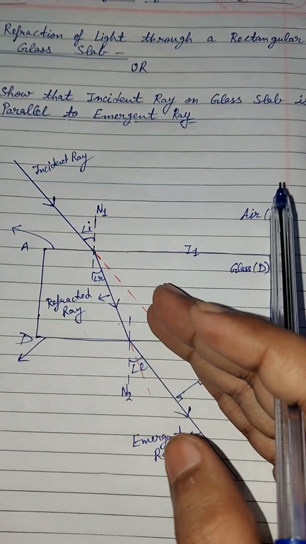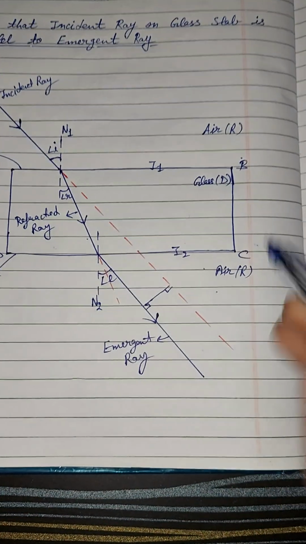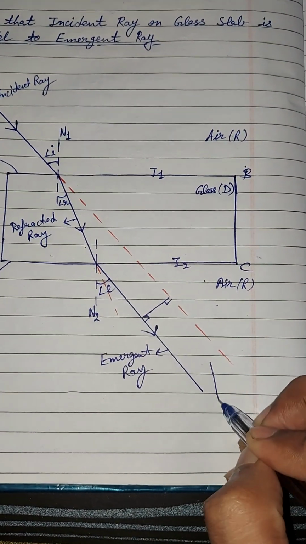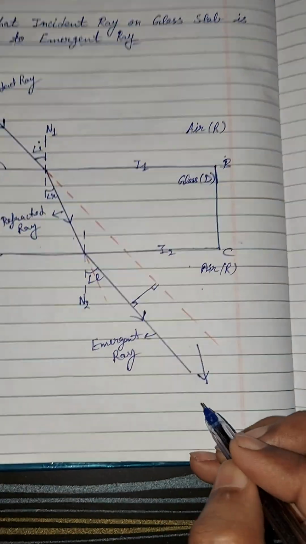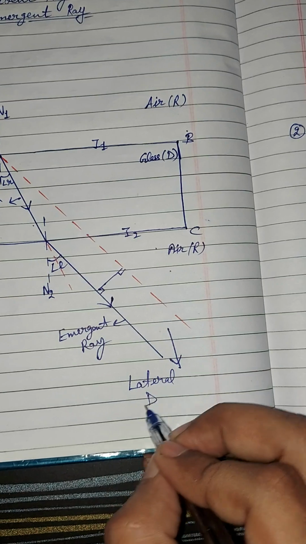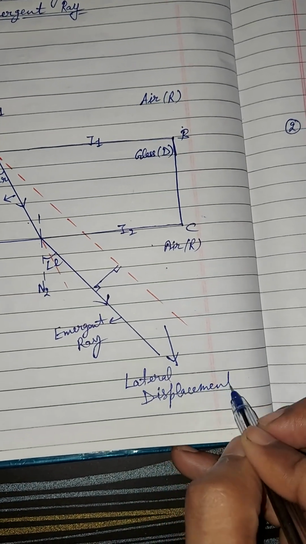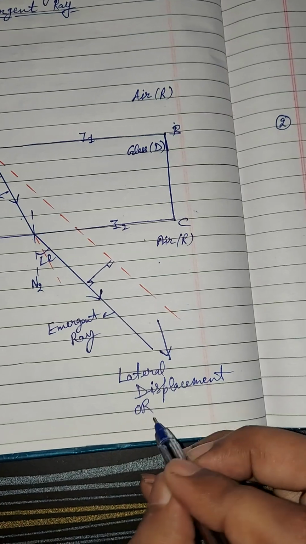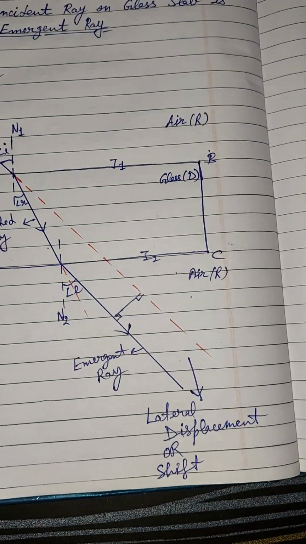This phenomenon of shifting of the incident ray of light sideways is known as lateral displacement, or it is known as lateral shift.